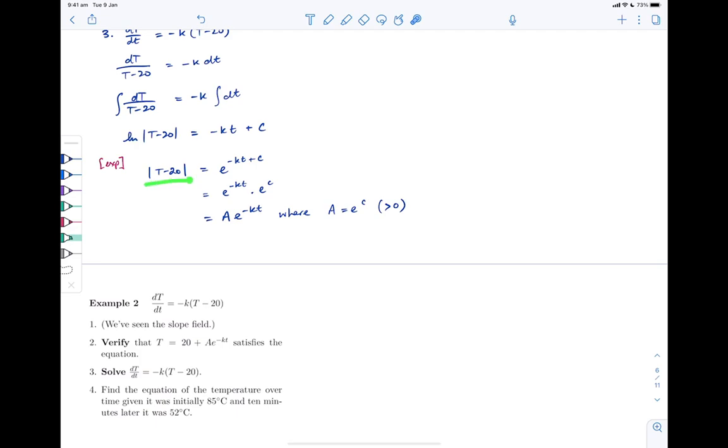I don't want this absolute value to hang around, so I'm going to deal with that now. If we deal with the absolute value, then what we get is t minus 20 equals plus or minus A e to the negative kt. Now notice, of course, that A is strictly greater than 0, but we've got a plus or minus now.